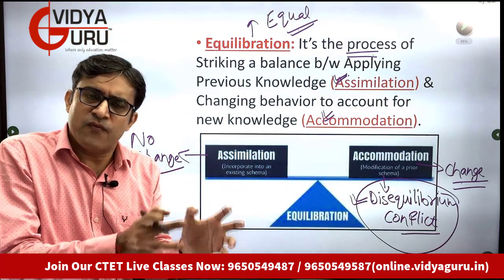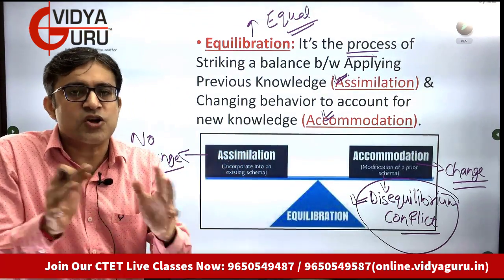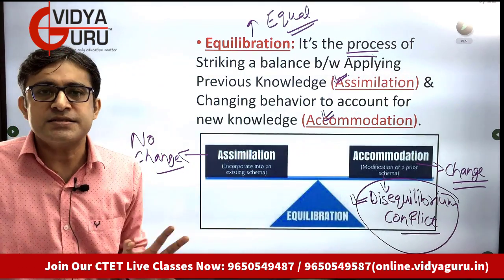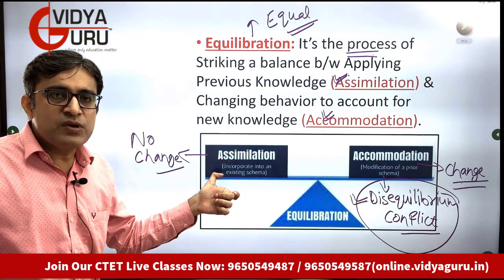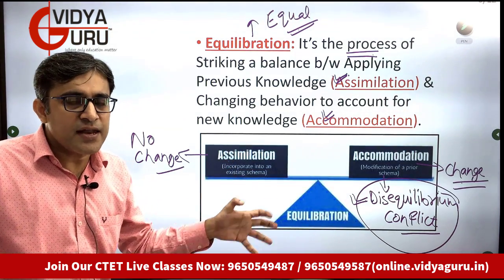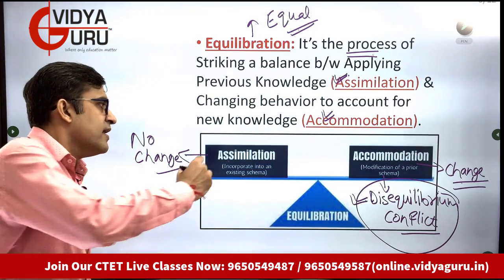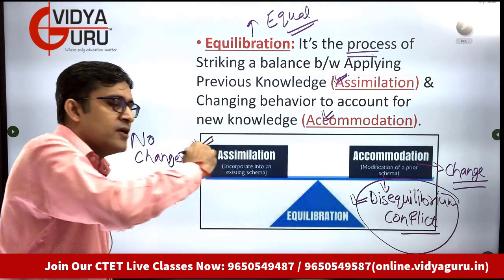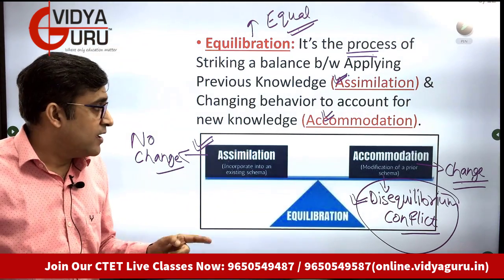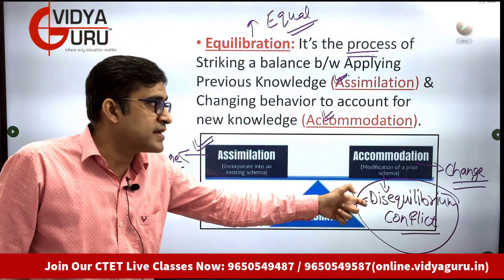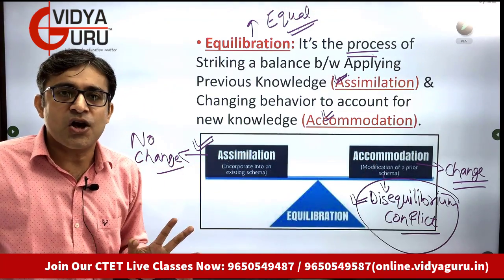Using assimilation where assimilation is required, using accommodation where accommodation is required. And by now you know that if disequilibrium is not there, if the conflict is not there, then assimilation will keep on happening. You will keep learning new things through assimilation. But if the disequilibrium or the conflict is there, then we will have to use accommodation.